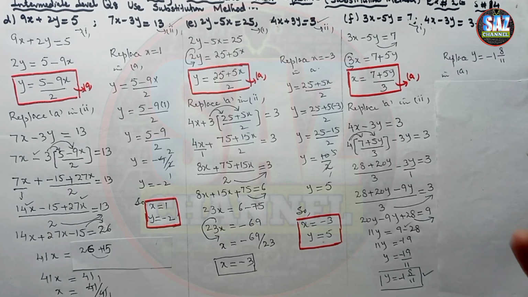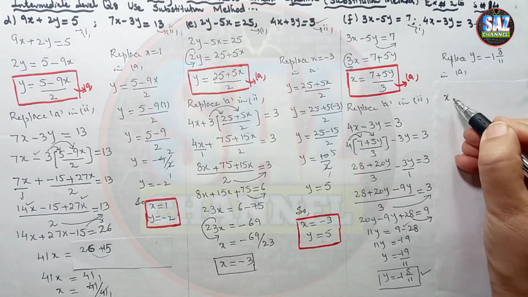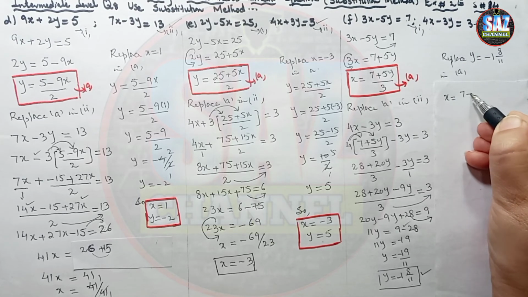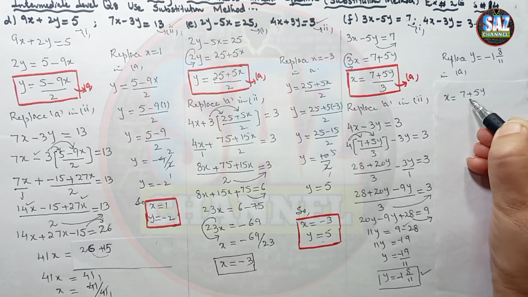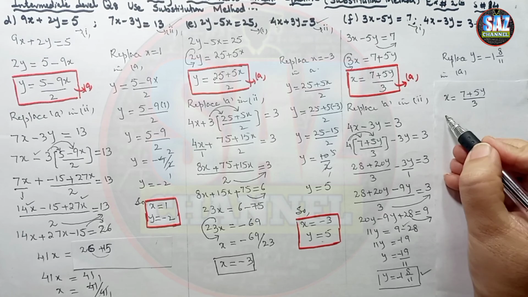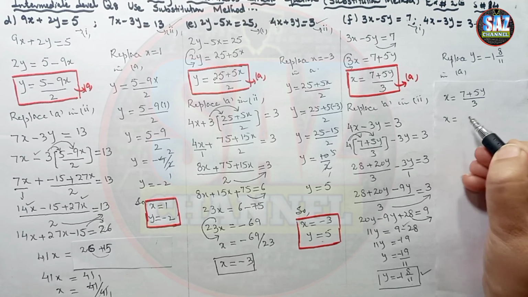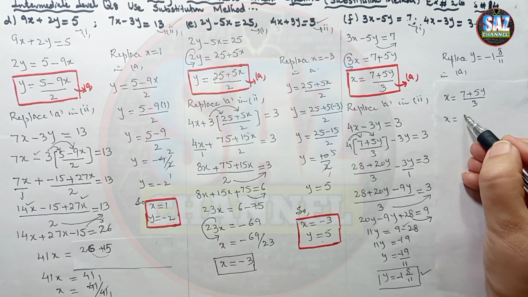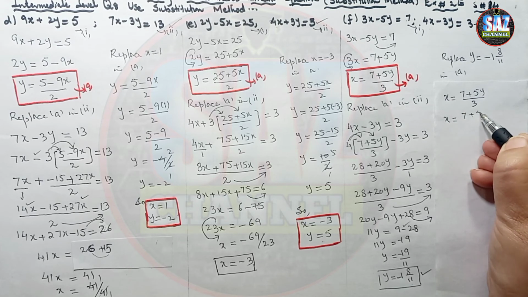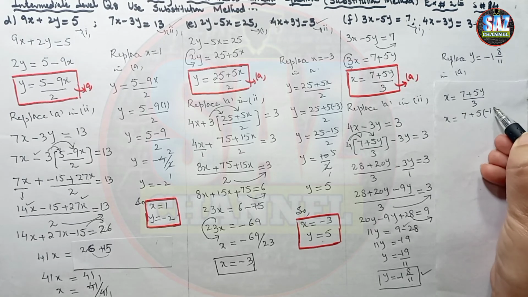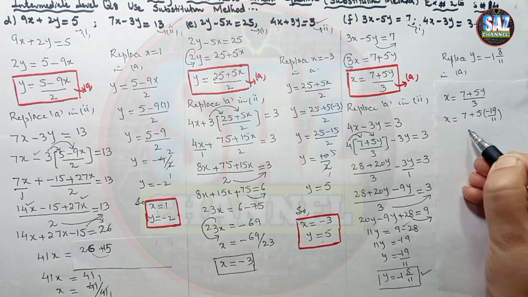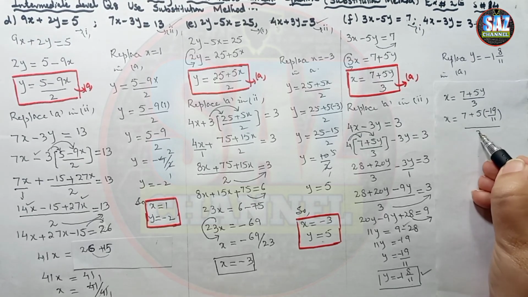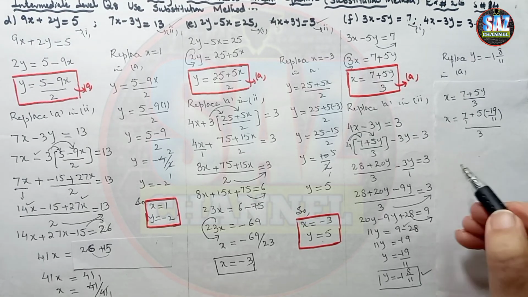So the equation will take the form x equals (7 plus 5y) by 3, or here I have to replace y by minus 19 by 11: x equals (7 plus 5 into minus 19 by 11) upon 3. I have to take the LCM in the numerator.